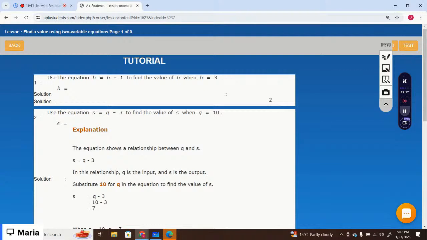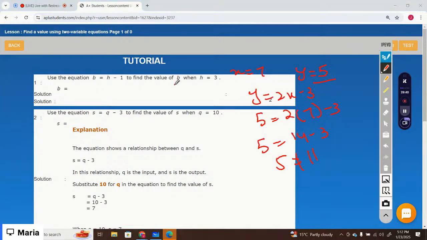Find a value using two variable equations. So now you are given an equation that involves two variables. You just have to put in the values for both the variables and calculate the answer. For example, the first one is b equals h minus 1.